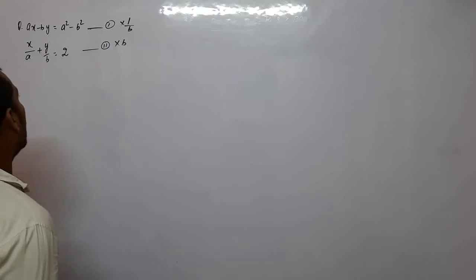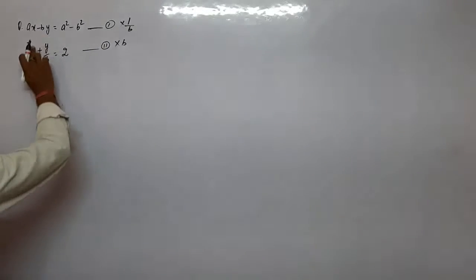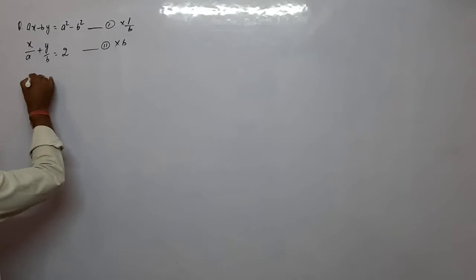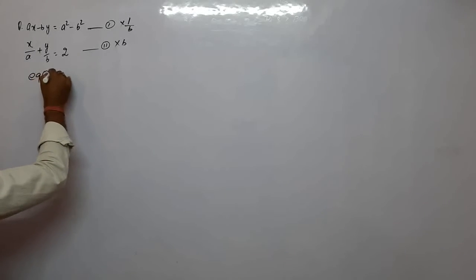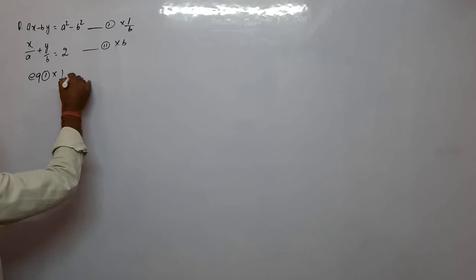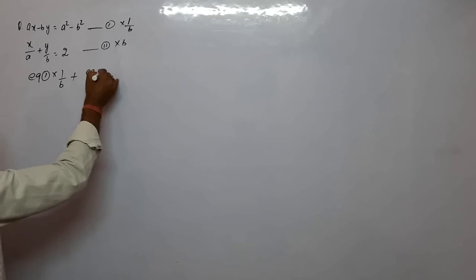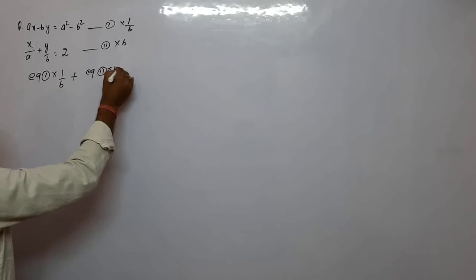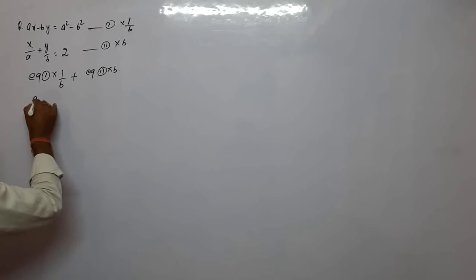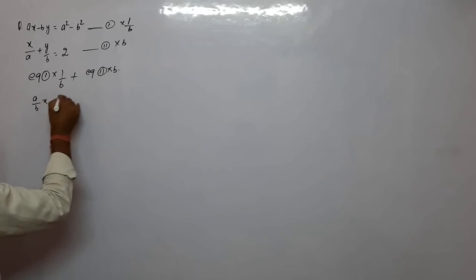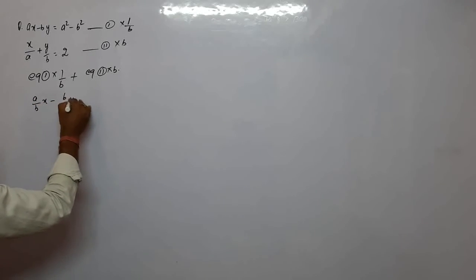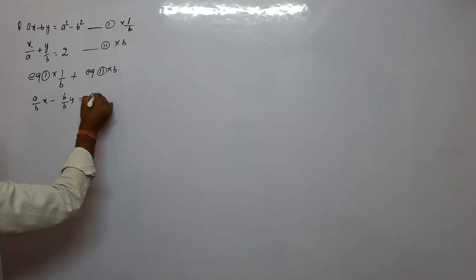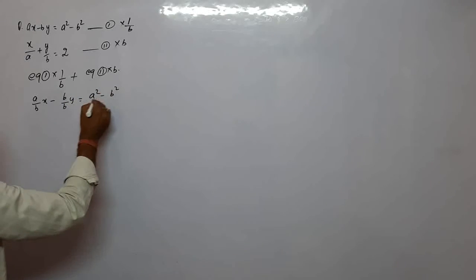Clear? Now see, the sign is just opposite. So what we will do? Equation 1 into 1 by b plus equation 2 into b. It will result in a by bx minus b by by equal to a square minus b square by b by b.